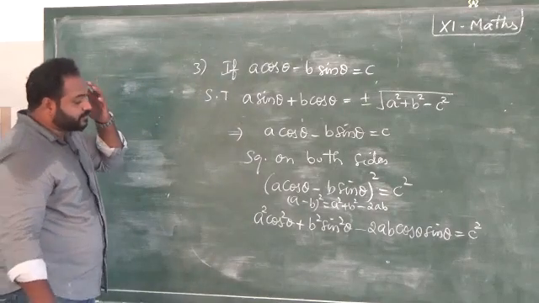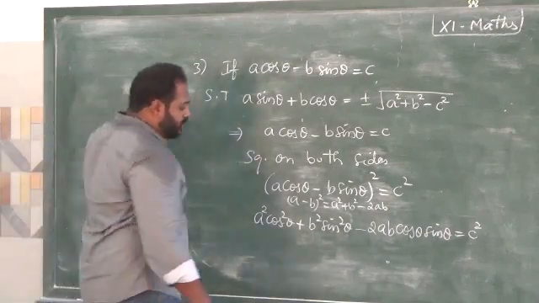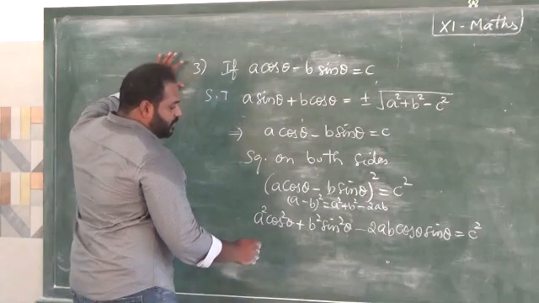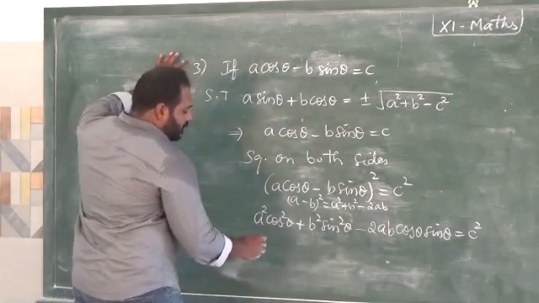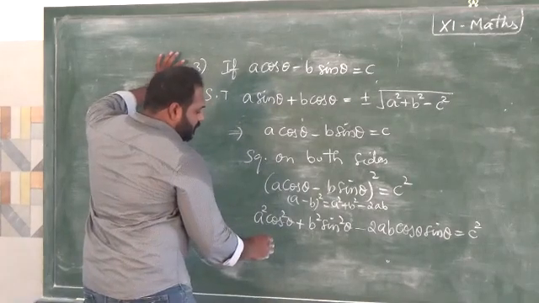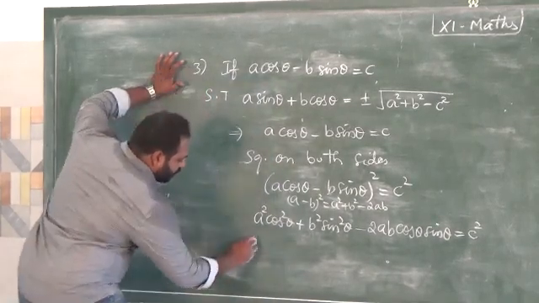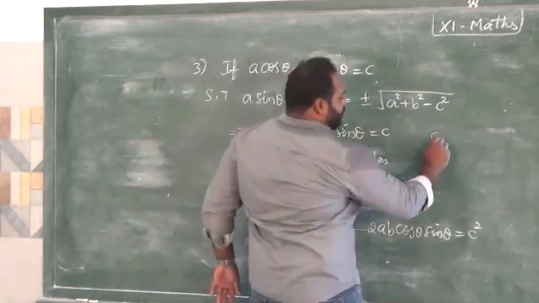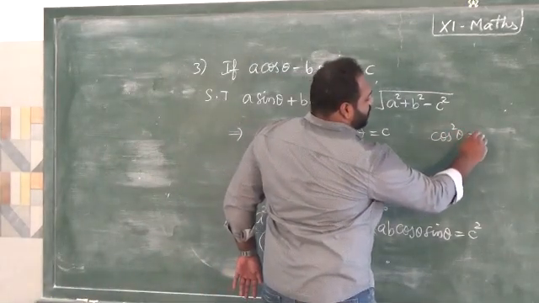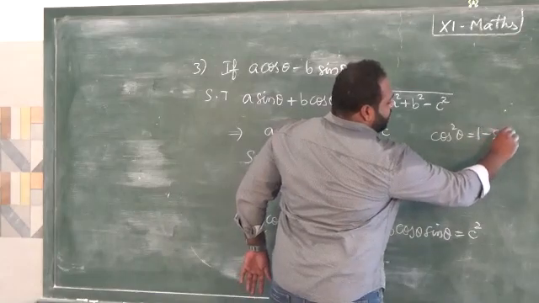So now here, in A square, instead of cos square, I told you already, I have given the identity: cos square can be written as 1 minus sin square.